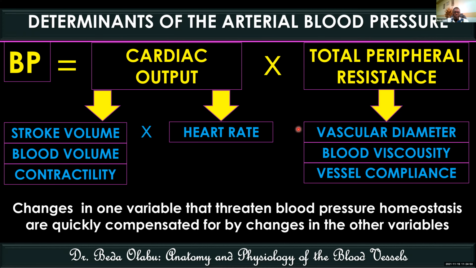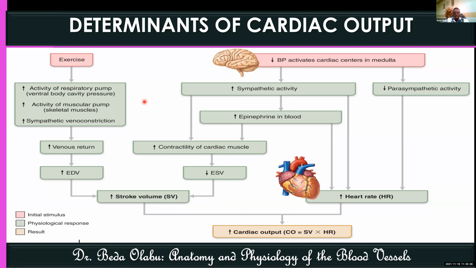So that's what I mean: when you have a change in one variable, usually homeostatic mechanisms of blood pressure come into play to try to compensate for the change. I may not go into this slide in detail because I've already tried to summarize all those factors that determine blood pressure. At your own time, you can have a look at this.